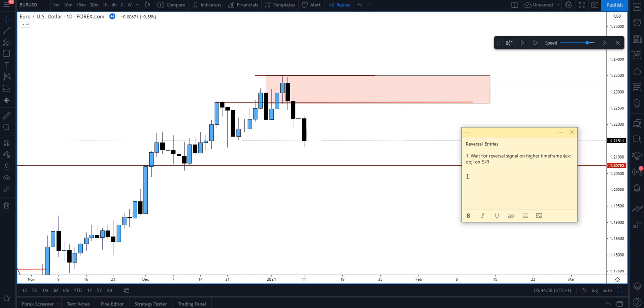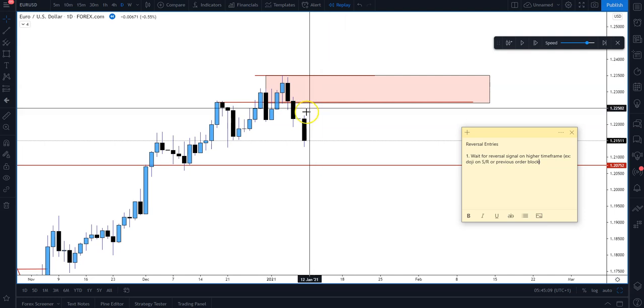The example is a doji being printed on a support and resistance zone, or support resistance key point, or previous order block. Right? So we just gonna wait.